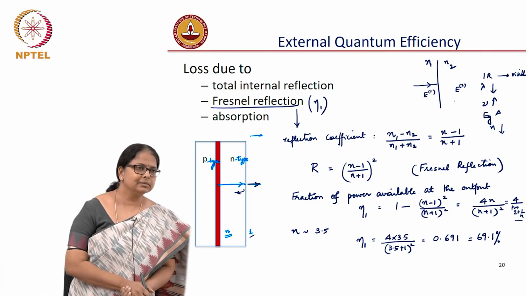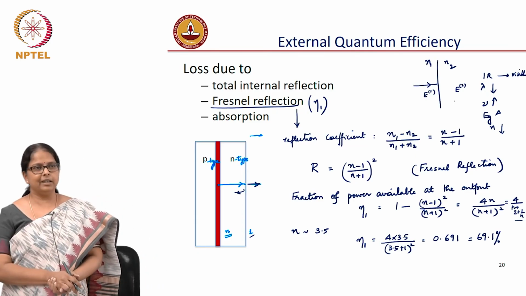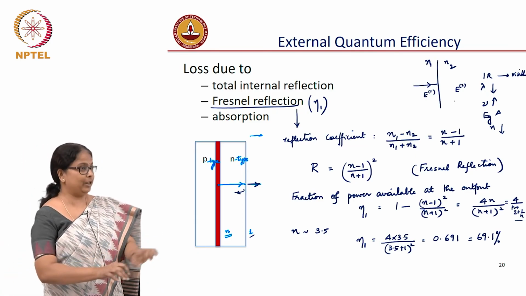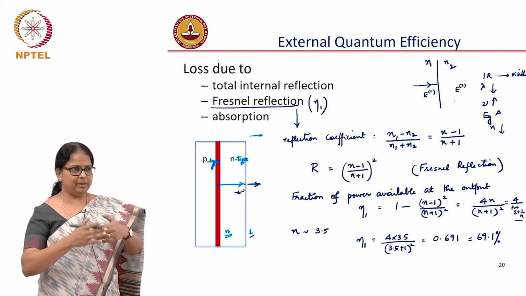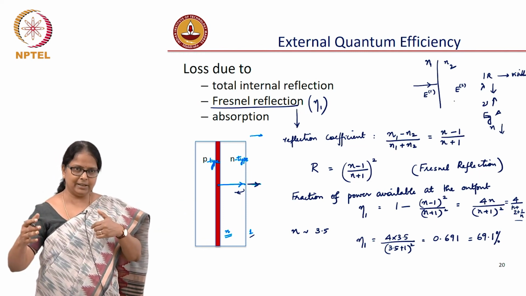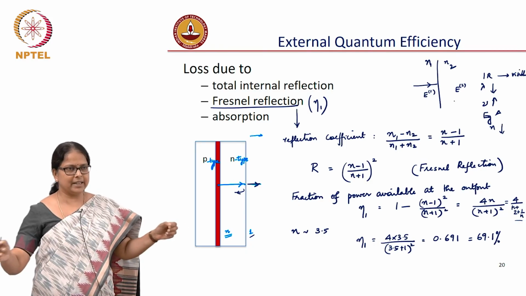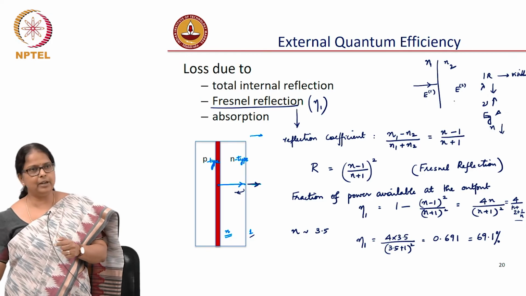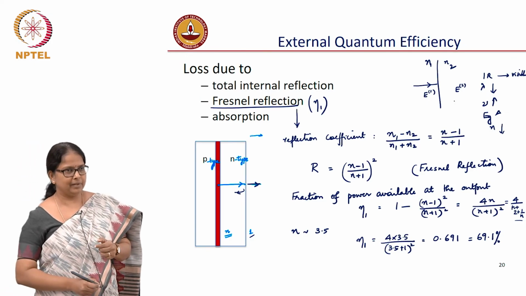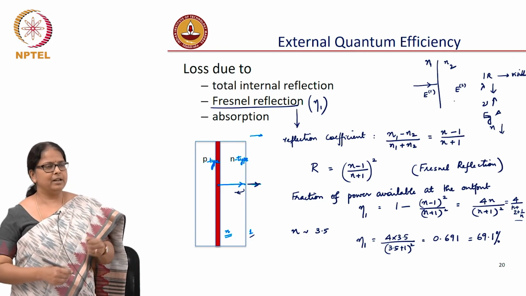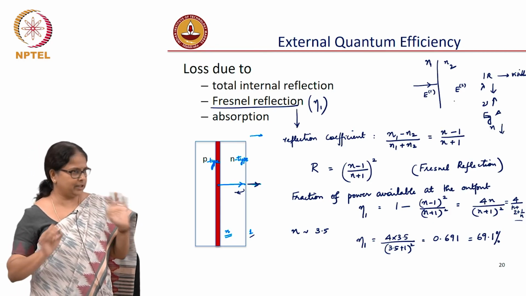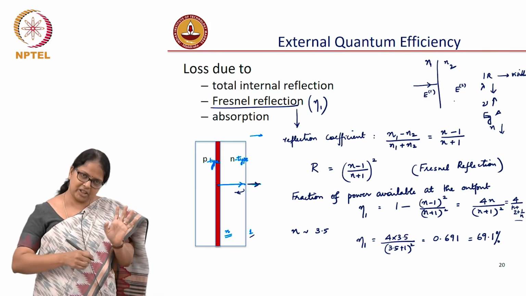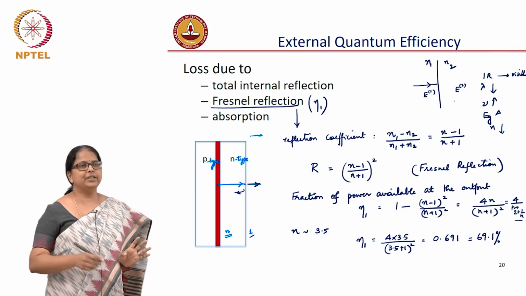It will depend on the magnitude of n or 1 by n. So, it is not very easy to answer, but you can plot it and check. Between 3.4 to 3.8, you can actually plot it and check. In that short range, it depends on whether n is dominating or 1 by n is dominating, right. That is an exercise: you can plot and check what the efficiency change is as your n changes.